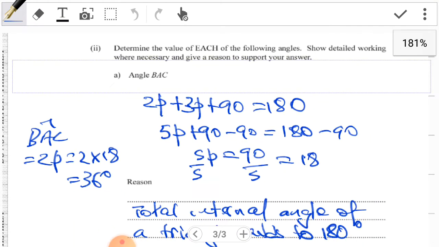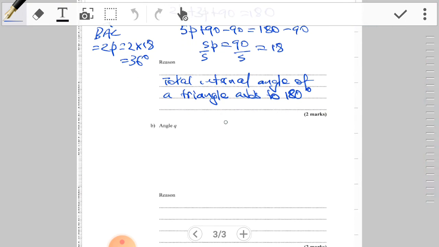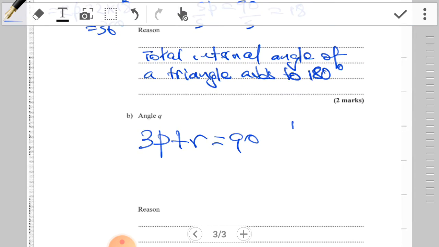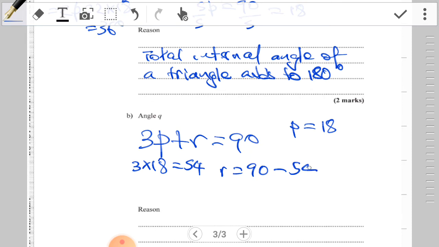All right. So we're looking at the idea now that 3P plus R is 90 degrees. P from the previous working out, P was 18. So we're looking at 3 times 18. So 3 times 18 will give us 54. So basically then we're saying that R is equal to 90 minus 54.